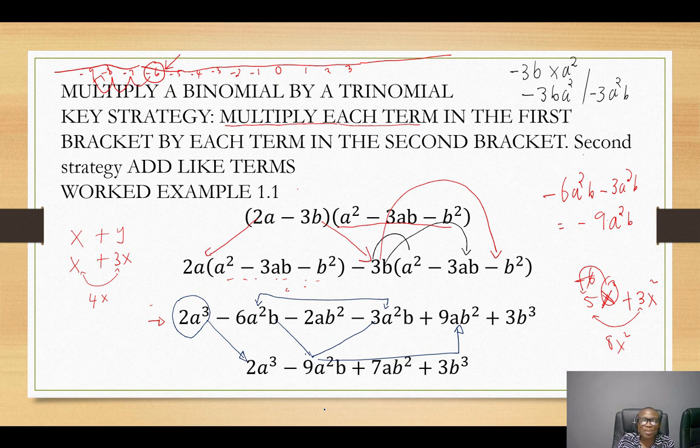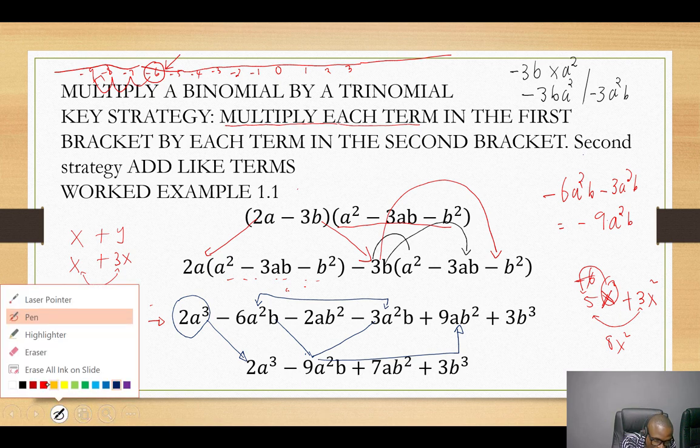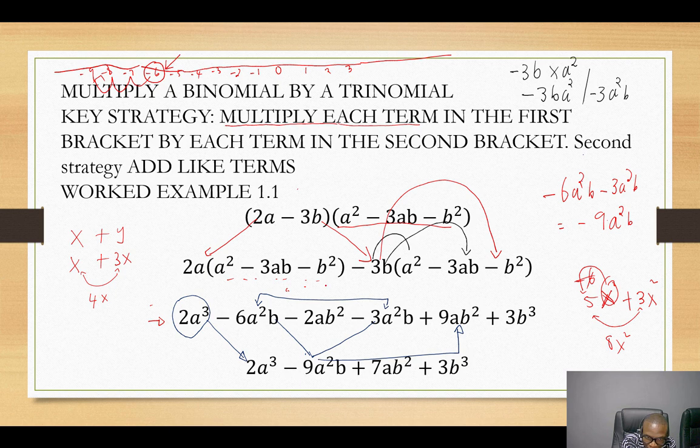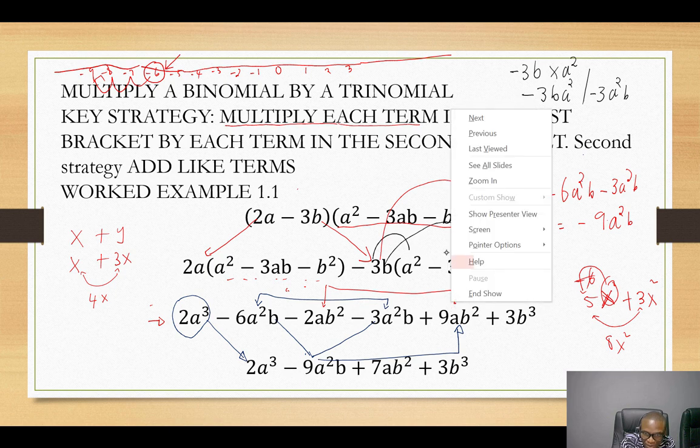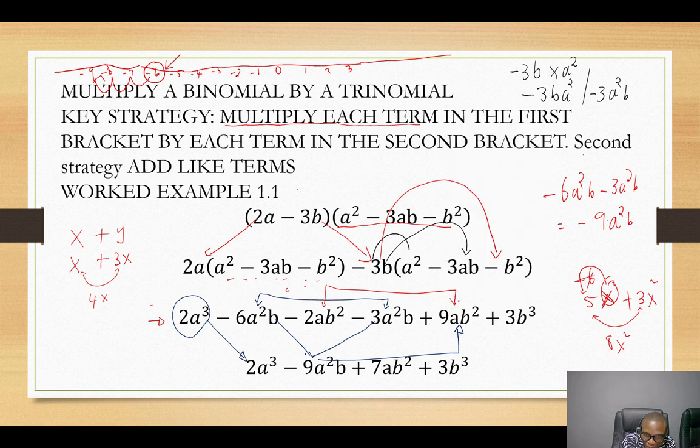Minus 2ab squared plus 9ab squared, they are also like terms. This one and this one, they are also like terms. And what do we do to like terms? We add them.